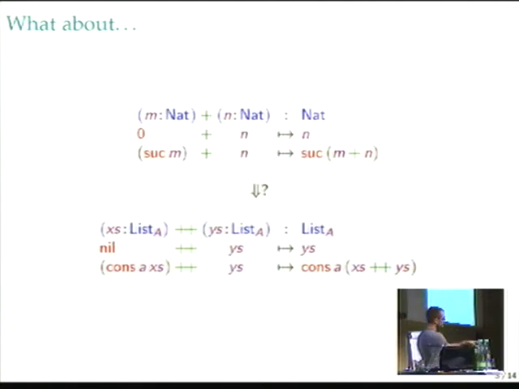Then you ornament natural numbers into lists, and you start needing some functions on lists. One of them will be concatenation of lists, right?